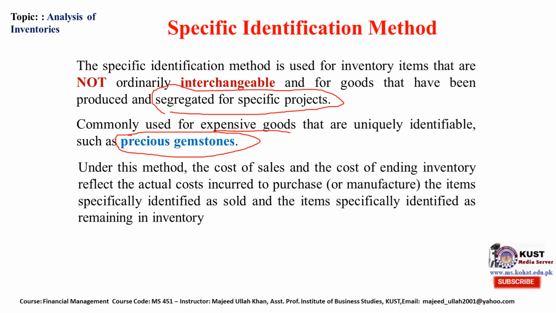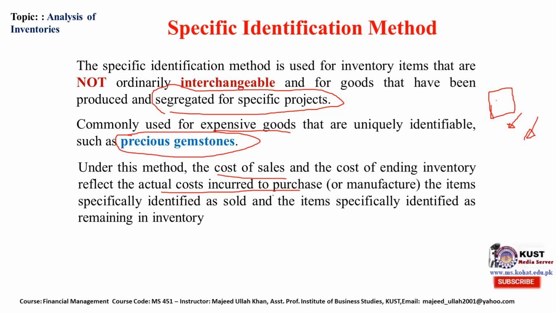And third, under this method, what has happened in this method? Cost of sale and cost of ending inventory reflect actual cost incurred in purchase. Means when you purchase and report it in the system, and there is physical flow in inventory, this physical flow of inventory and flow in the paper are identical.